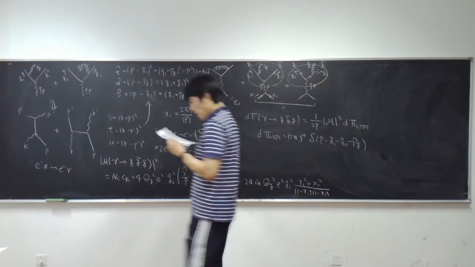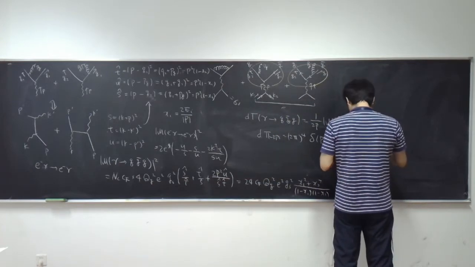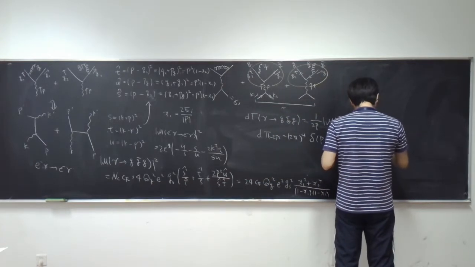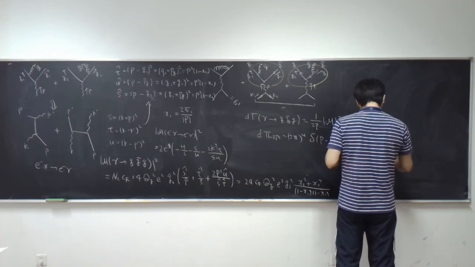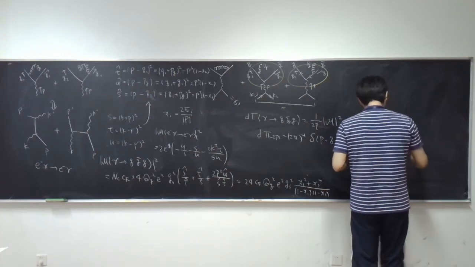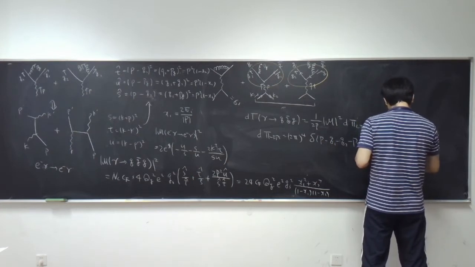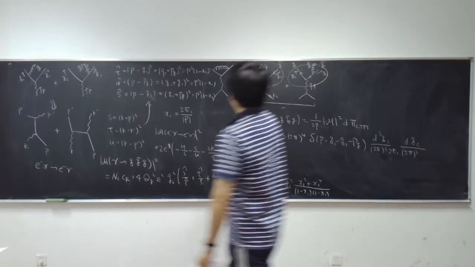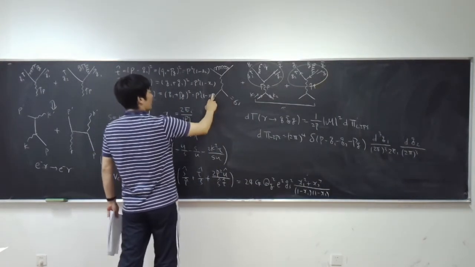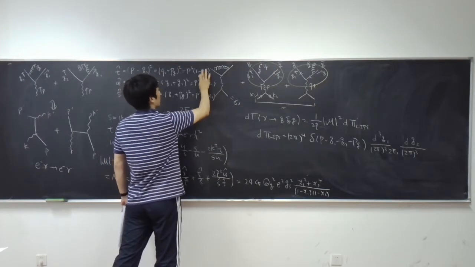Okay, and then the appropriate factors you would have: d^3 q1 over (2 pi)^3 2E1, d^3 q2 over (2 pi)^3 2E2, and d^3 pg over (2 pi)^3 2E3. So x3 here is literally x0, whatever you call it.